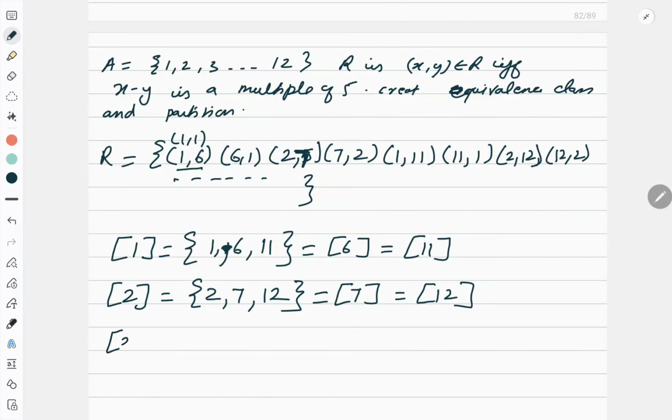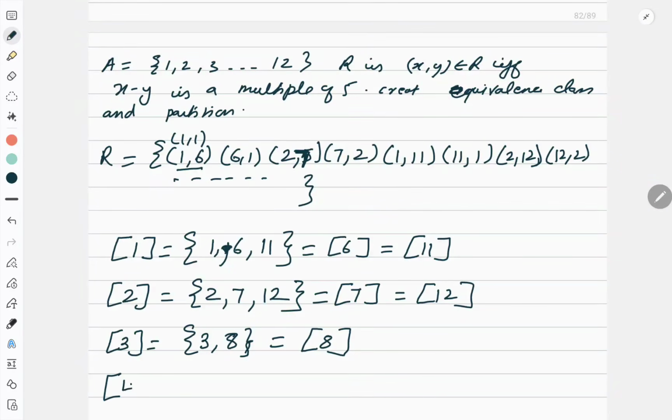Now same way you write for 3. From which number should I subtract 3 so that I get 5? 8. Correct? Now from which number should I subtract 3 so that I get 10? 13. But 13 is not there in A, so I am done. So this will be equal to that of 8 also.